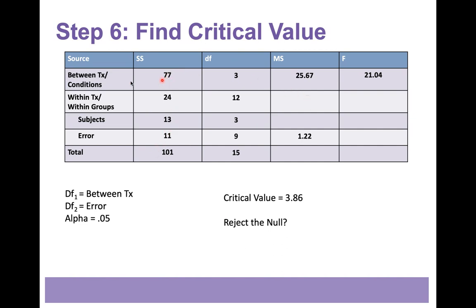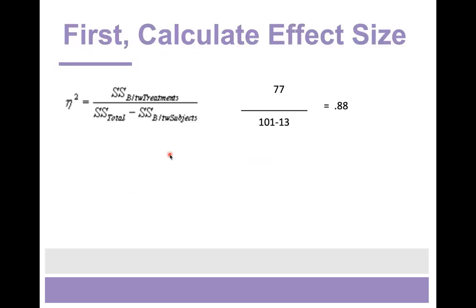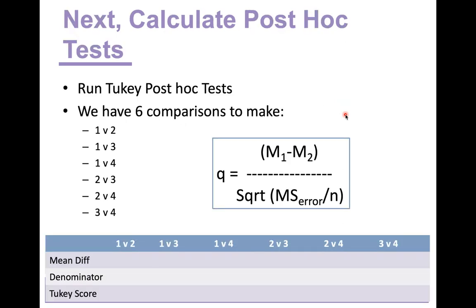We need between treatments sum of squares, we need between subjects sum of squares, and we need total sum of squares. We pull those values. We get 77 divided by 101 minus 13 to give us 0.88. That's our effect size. Easy peasy.